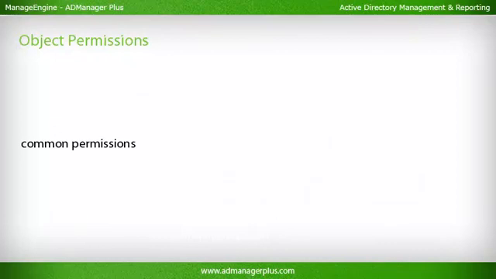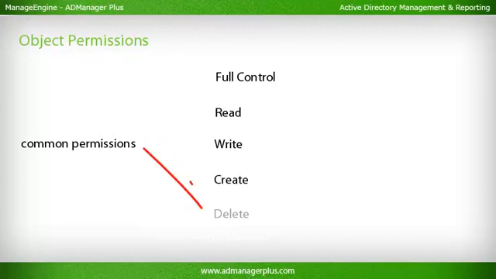Some of the most common permissions are: full control, access to an object and its child objects, take ownership, modify their permissions; read, view objects' properties; write, can read an object's content and attributes but cannot change permissions or become the owner of the object; create child objects; delete child objects.